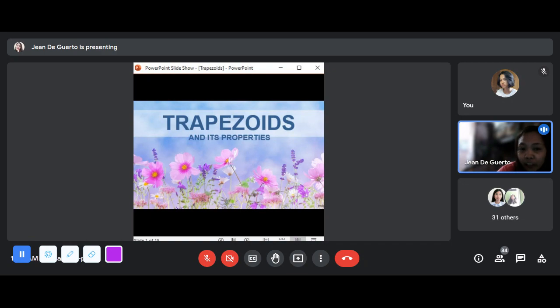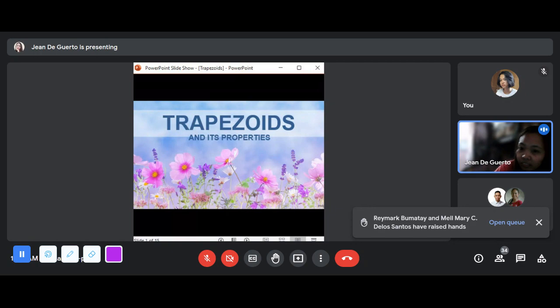If the quadrilateral has 2 pairs of opposite sides which are parallel, what kind of quadrilateral do we have? Pag may dalawa siyang pares ng parallel sides, anong quadrilateral yon? Raymark.